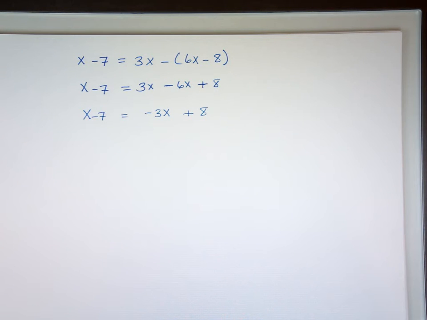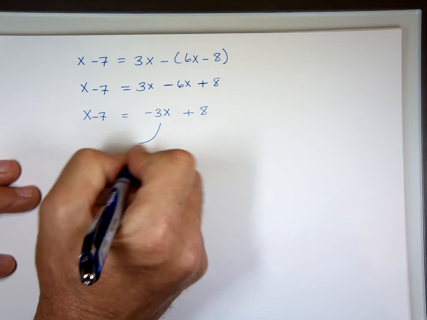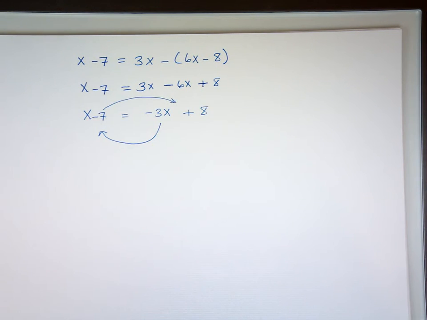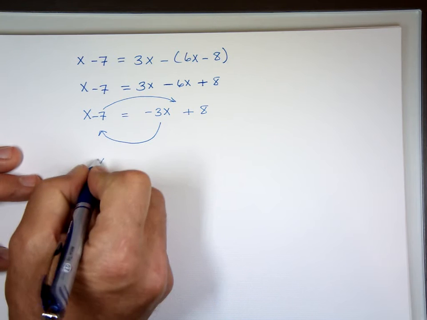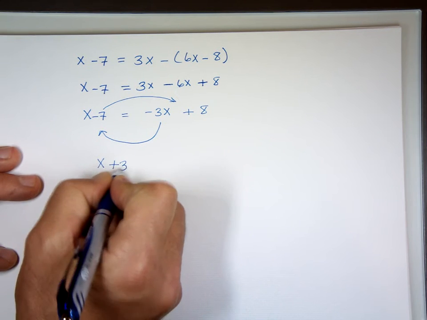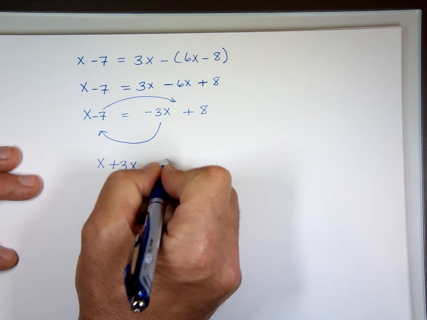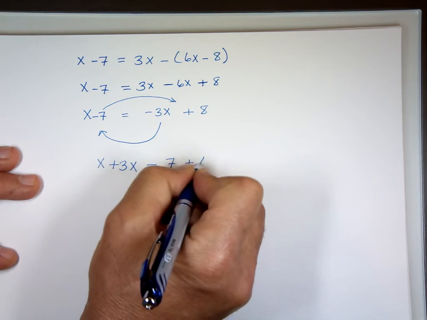Again, all the x's on one side, it's a linear equation, all the numbers on the opposite side. Change side, change sign. x plus 3x. The other side will be plus 7 plus 8.